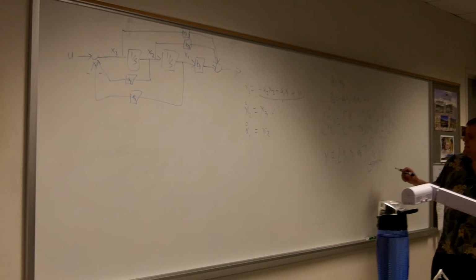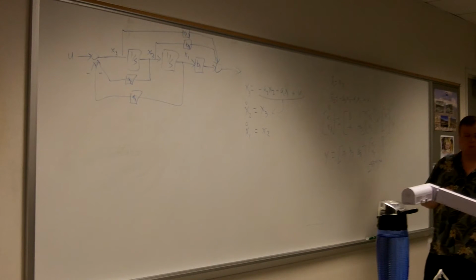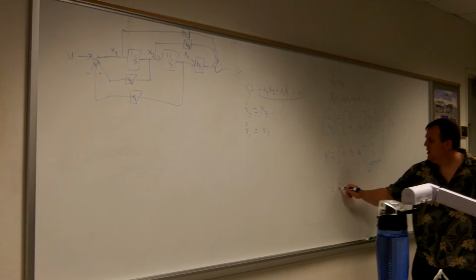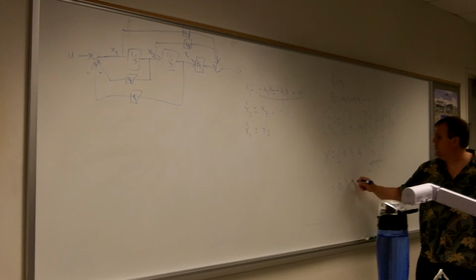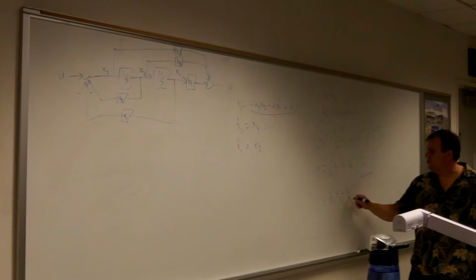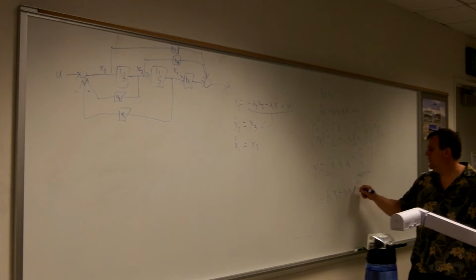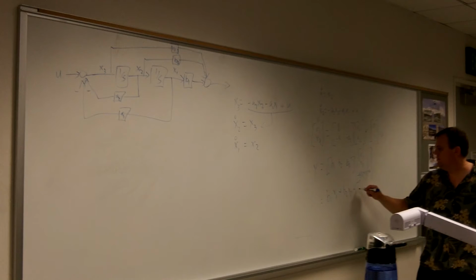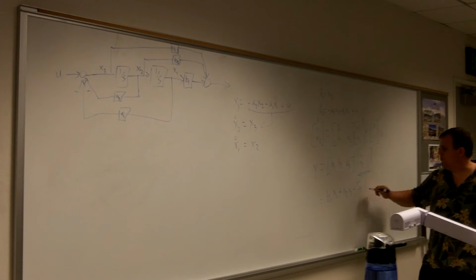Which means that in essence this multiplies b3. So this expression is equal to b1 x1 plus b2 x2 plus b3 times this mess. Let me write that b3 first.